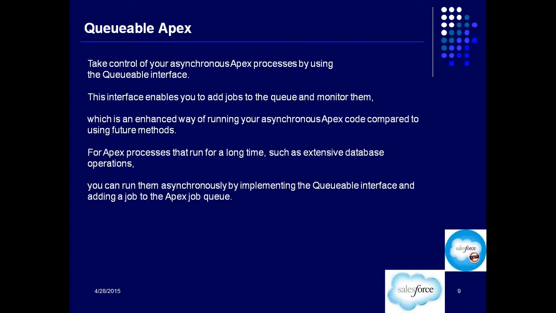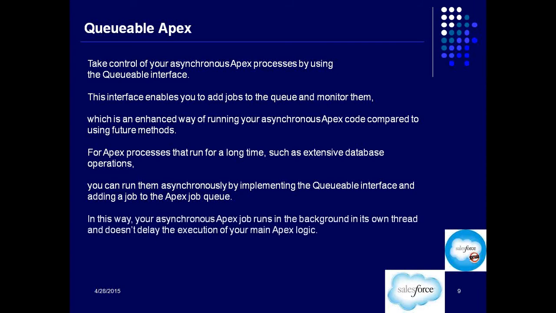So you just implement the Queueable interface on the class, and you can use this queueable Apex for long-running jobs, and you can also monitor those. This way your asynchronous Apex job runs in the background in its own thread and doesn't delay the execution of your main Apex logic.